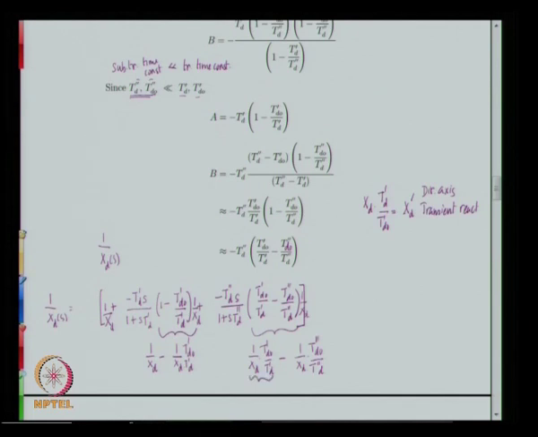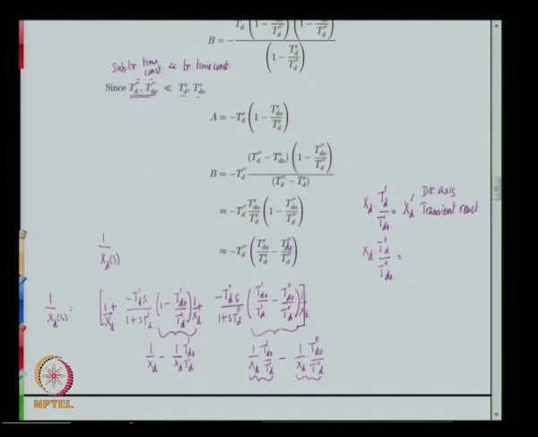This term we have already seen what it is, 1 over xd dash, and this term we know that xd multiplied by T double dash d divided by T double dash do is the same as xd double dash.